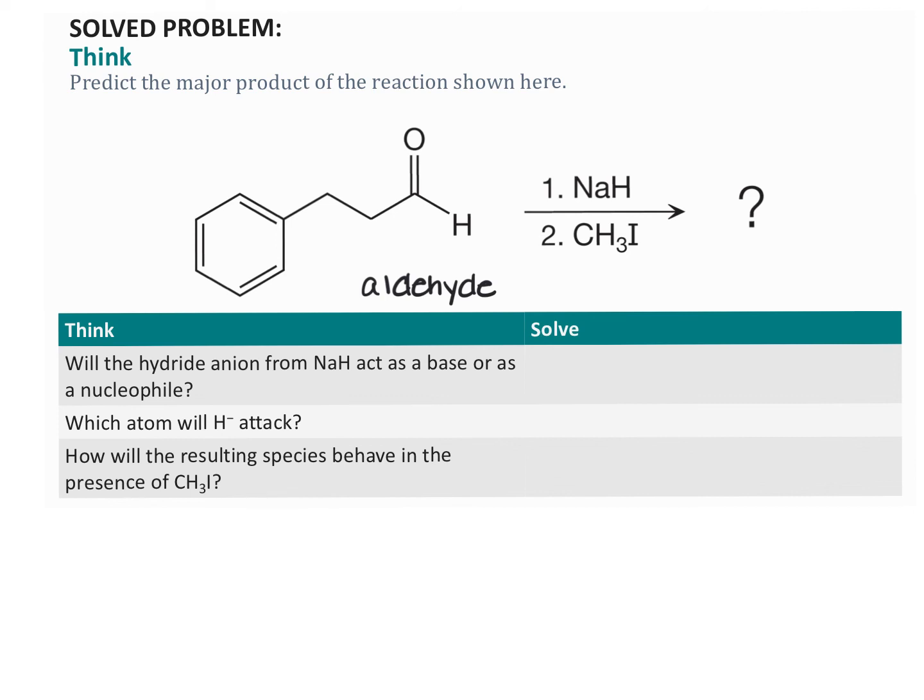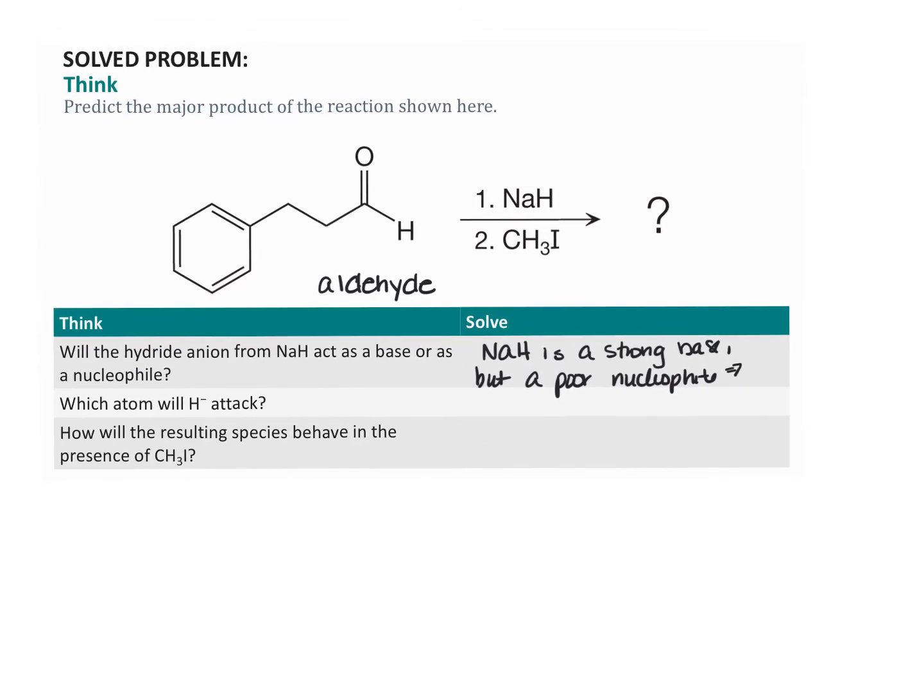And so we need to think about the types of reactions we can do. We're going to put these in order. And then we need to ask ourselves, will the hydride anion from sodium hydride attack as a base or as a nucleophile? As we just mentioned, sodium hydride is a strong base, but a poor nucleophile. So instead, it will deprotonate at the acidic site.